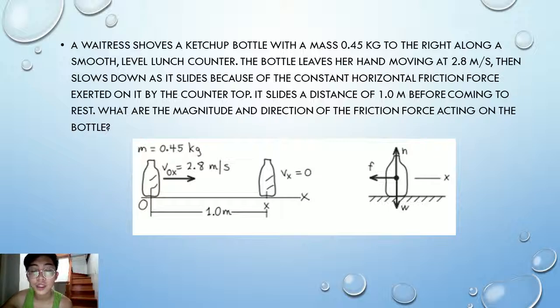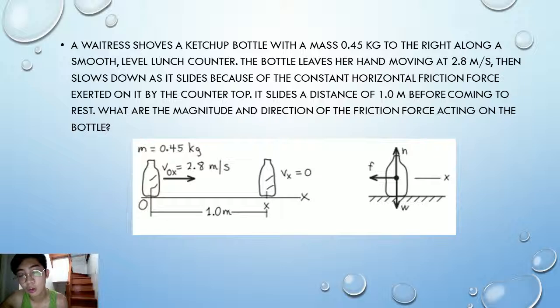So, para mag-start tayo, i-drawing muna natin yung free body diagram. Because nasa flat surface siya, meron ina-exert na weight yung bottle dun sa surface, which is weight is equal to mass times gravity. So, pag kinumpute natin yun is just simply 0.45 times negative 9.81. Syempre, dahil nasa flat surface siya, meron din ina-apply yung flat surface na normal force dun sa bottle.